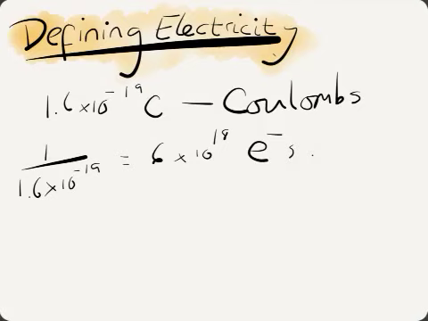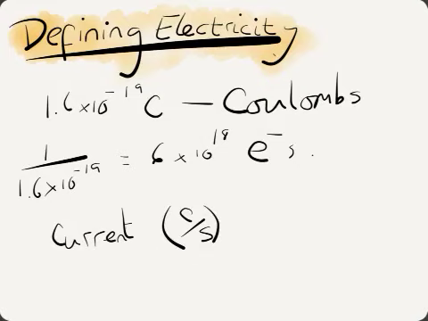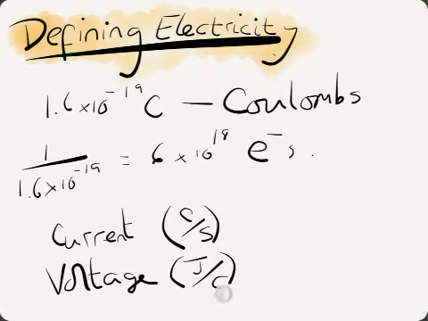And we can now redefine electricity properly. We can say current is the amount of coulombs per second flowing. How many coulombs of charge pass a spot per second? And we can say voltage is the amount of energy, joules per coulomb carried.